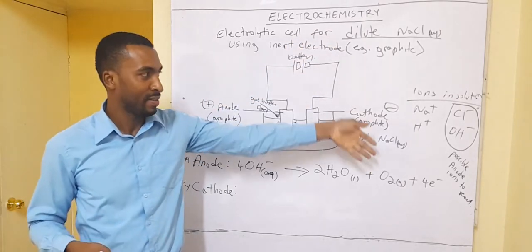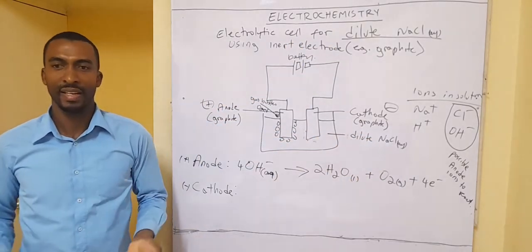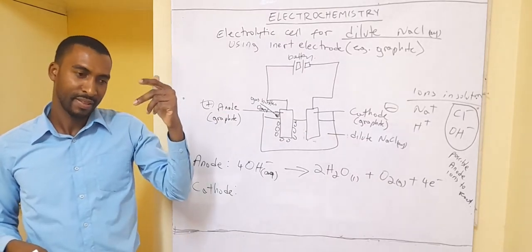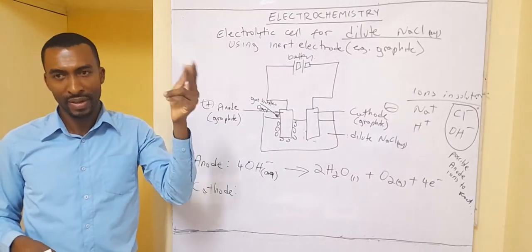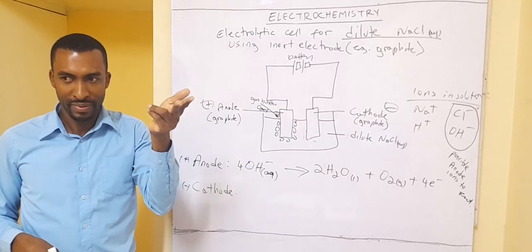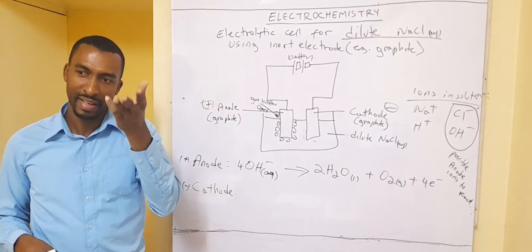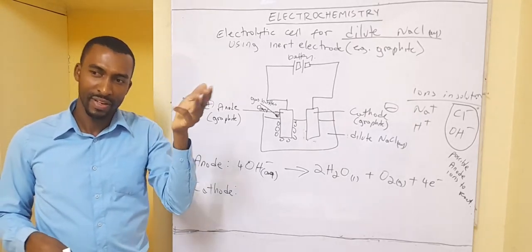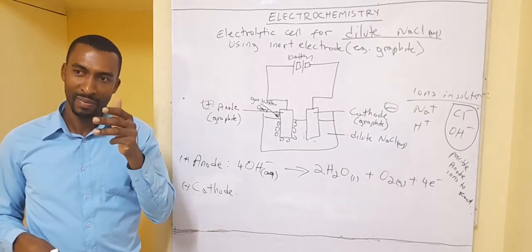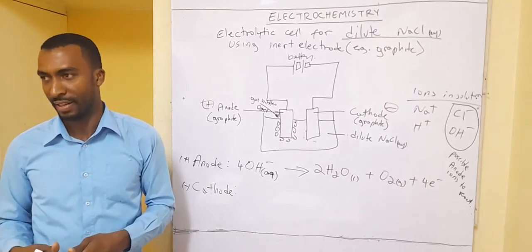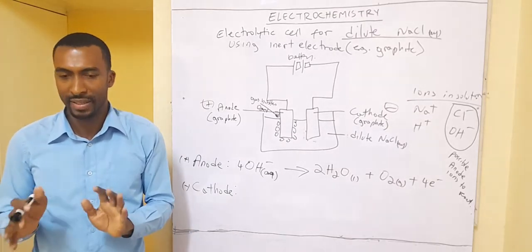For the cathode, you just need to remember the electrochemical series for the cations. And remember, as I said before, it's like period 3 for group 1 and 2: the potassium and the calcium, then the sodium and the magnesium, then the aluminum, then the transition metals. And hydrogen is just above copper and silver. So you can just use those little things to remember.